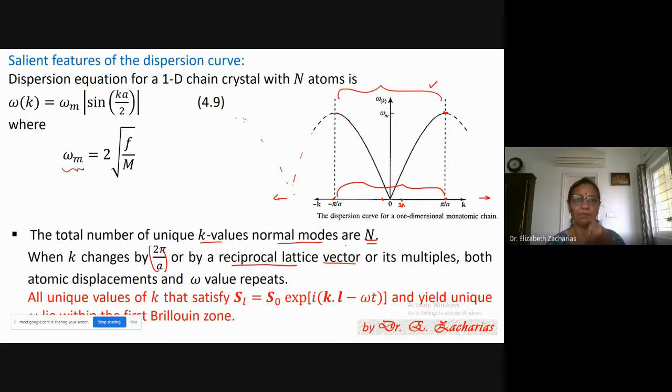So when you jump one reciprocal lattice vector or multiples of reciprocal lattice vectors, you are going to get the same s_l and the same omega. It repeats. In other words, I again insist, all unique values of k and modes, or omega and s_l, everything you can get from just the first Brillouin zone. So that is another unique feature of the dispersion curve.